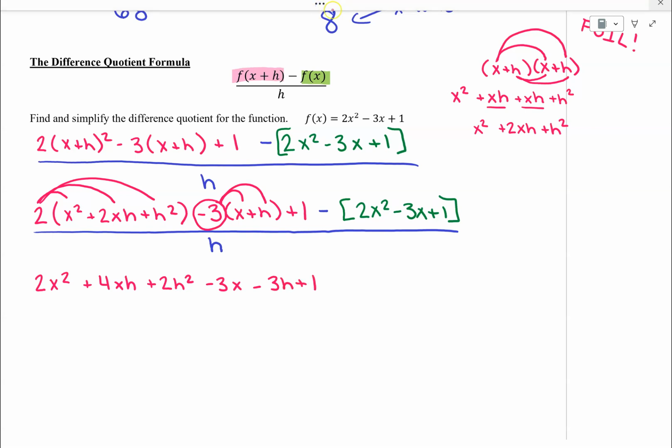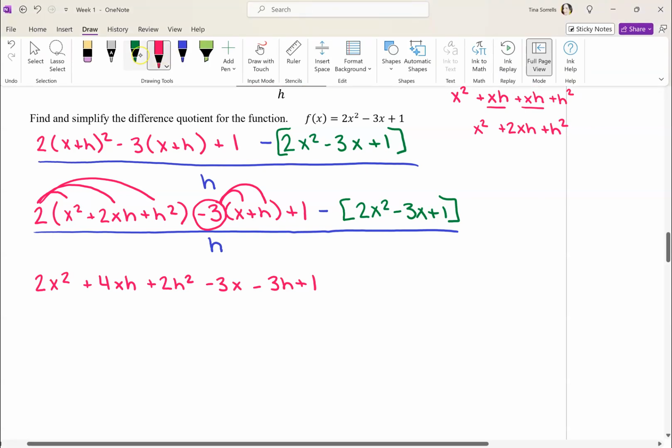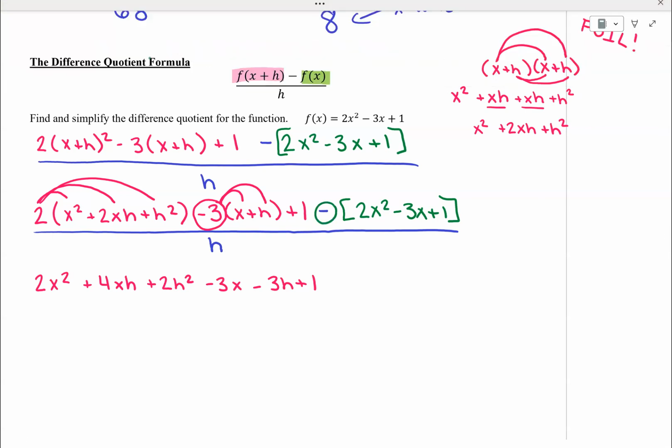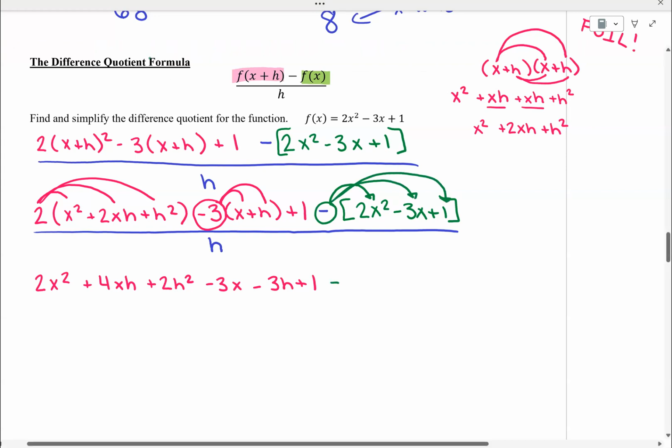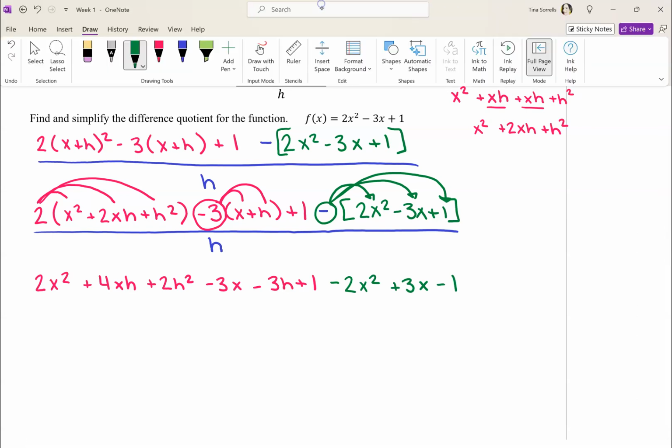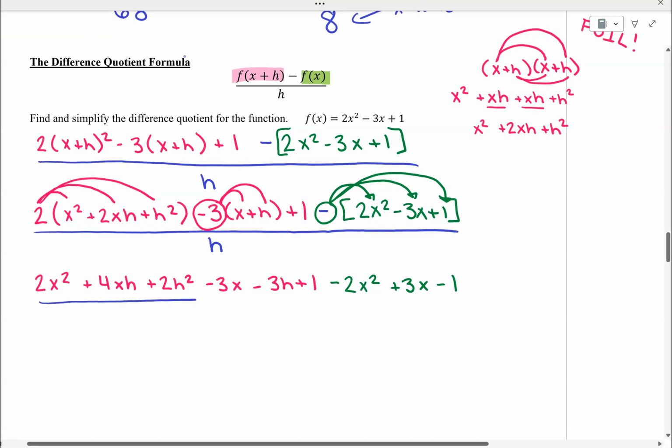Now for this green portion, I am going to go ahead and distribute this negative to here, here, and to here. So a positive is now a negative. Negative is now a positive, and a positive is now a negative. And then the original part of the problem divided by h.